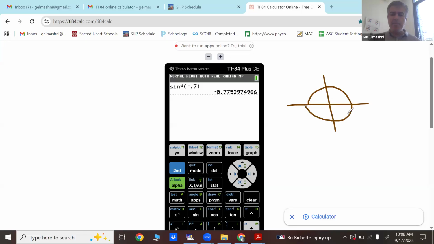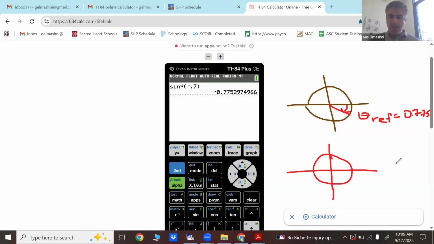That's going to be right over here. So your reference angle is 0.775. And sine's negative. So if I think about it from a positive angle perspective, if I'm rotating this way, counterclockwise, when would I expect the same thing to happen?